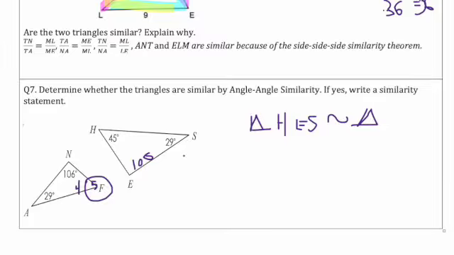Now remember, the corresponding parts have to be in the right order. Triangle F, right, 45. H was 45, F is 45, E is 106, N is 106. Okay, S, and that's A. Okay, so they are similar by the angle similarity theorem. Okay, all the three angles are congruent.